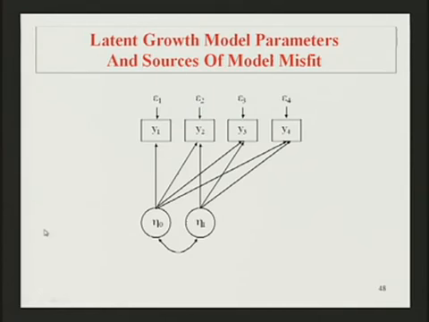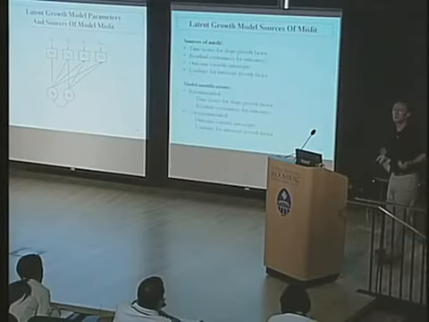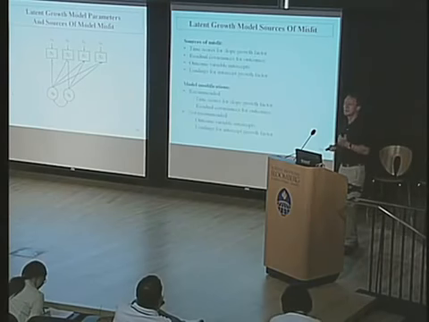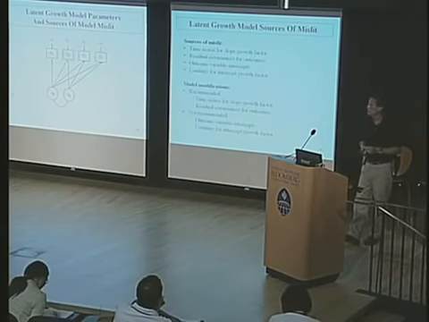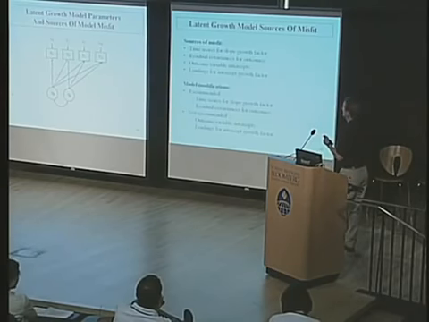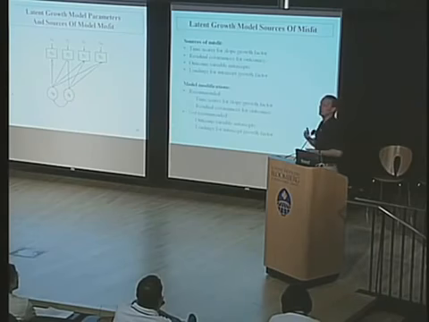Those time scores, 1, 2, 3, may not be the best time scores. And we're going to give an example of that in math achievement development corresponding to accelerated or retarded growth over time. Those time scores may need to be modified. That could be one source of misfit, namely nonlinearity.